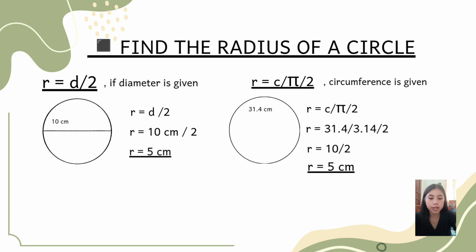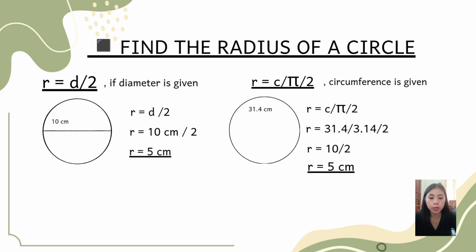And if the circumference is given in finding the radius of a circle, we are going to use radius equals circumference divided by pi divided by 2. So if the circumference of a circle is 31.4 centimeters, radius equals 31.4 centimeters divided by 3.14 divided by 2.